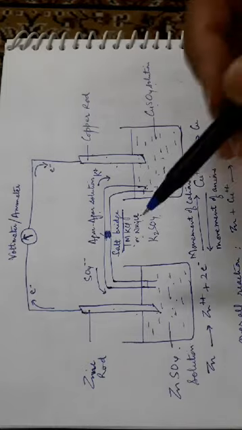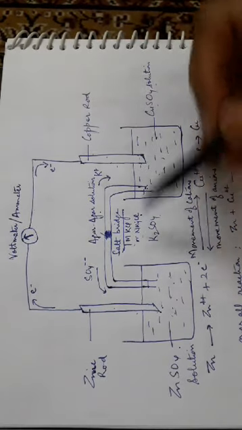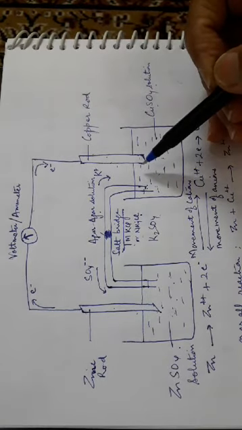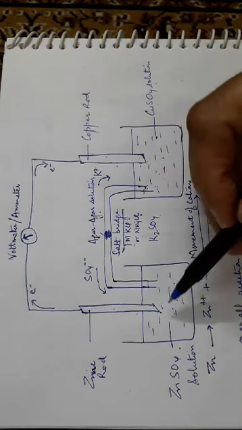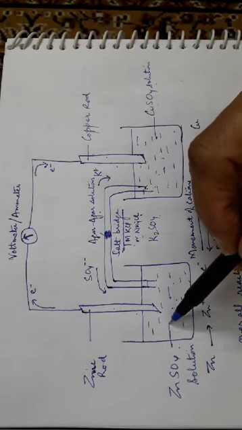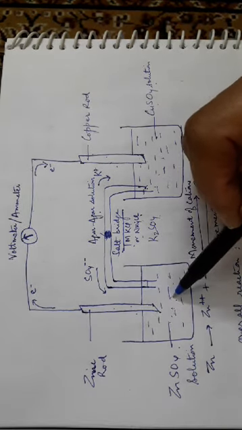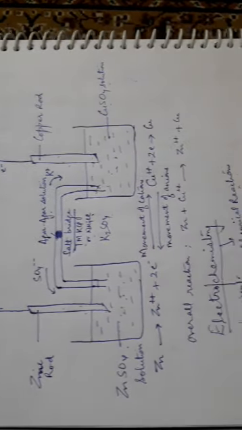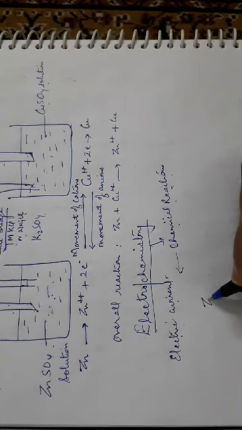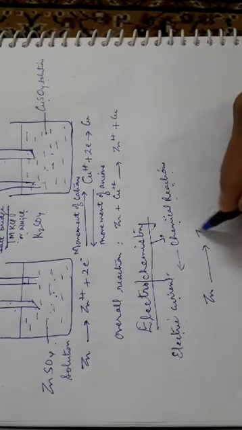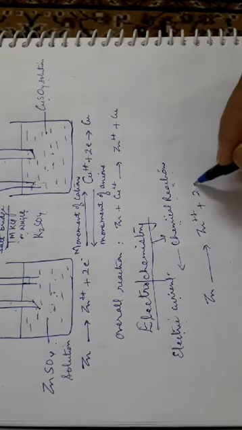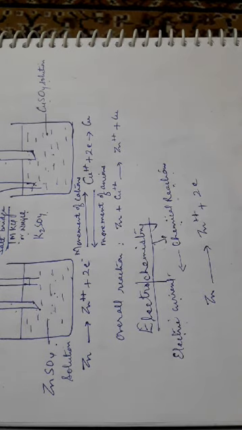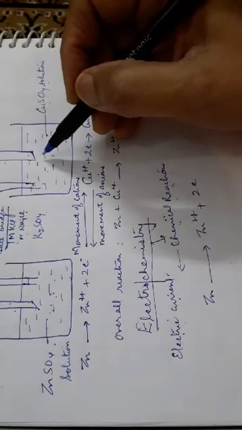Now, let us see what is happening at the different electrodes, at the different half cells. This half cell, the zinc rod, is in contact with the zinc ionic solution. Zinc metal is getting oxidized by the liberation of electrons. What is happening on the right hand side electrode?